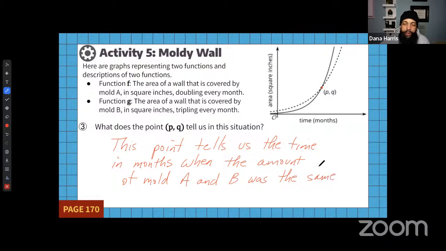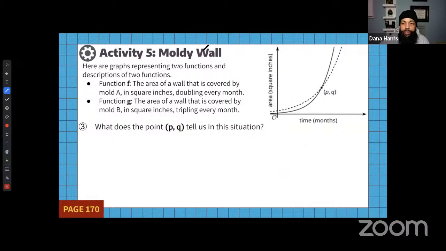It tells us when the mold was the same because they're intersecting. All right. So this just tells us how many months it took for mold A and mold B to be the same amount. Very, very important. Your cool down is based on this as well, so please use this video to help you with your cool down. I think that is it for this one.